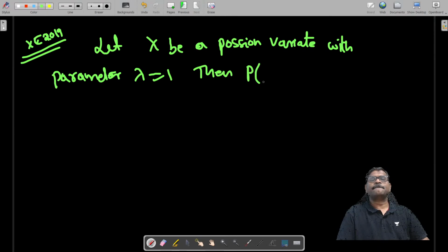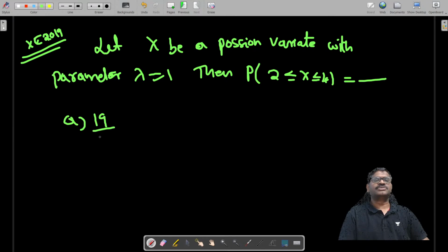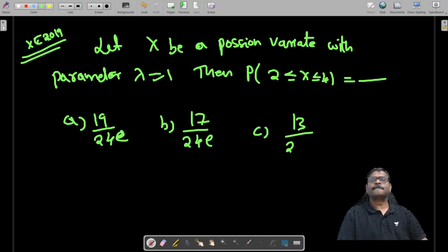Then probability of 2 less than or equal to X less than or equal to 4 is. Option A, 19 by 24e, 17 by 24e, 13 by 24e, 11 by 24e.